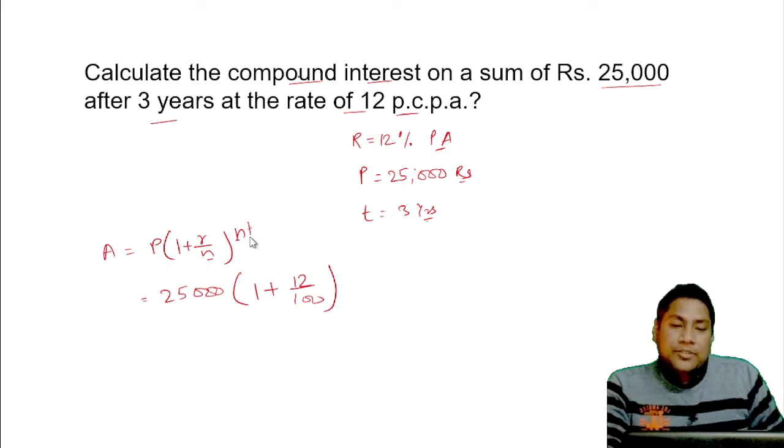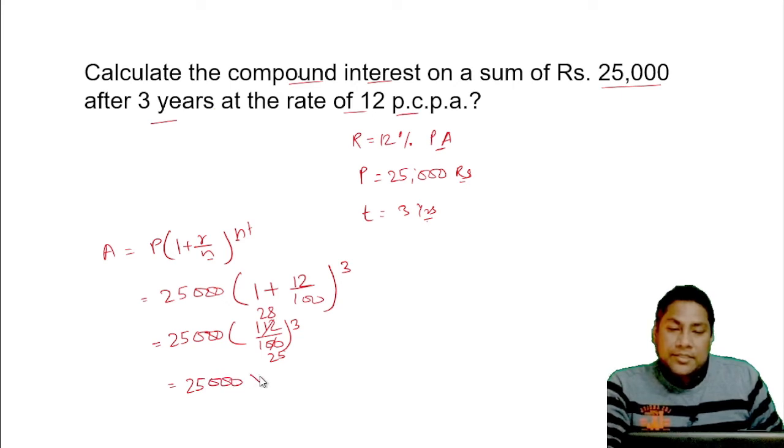Here N is 1 and T is 3, so we'll write 3 here. Now we'll calculate it. 25,000 into 100 plus 12, 112 divided by 100, to the power 3. If we cut by 4, it will be 25 and here 28.